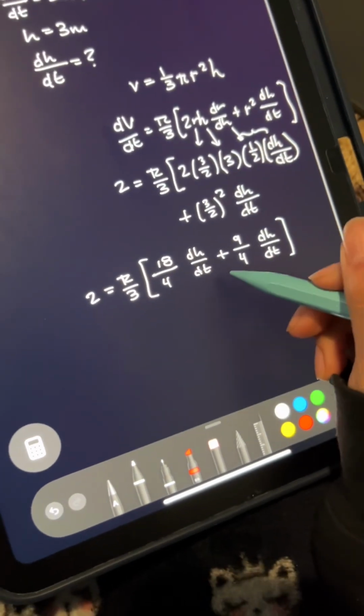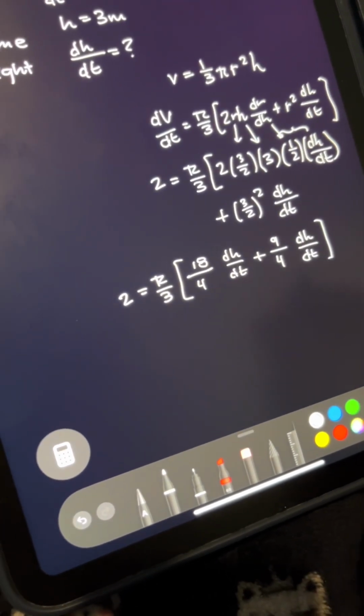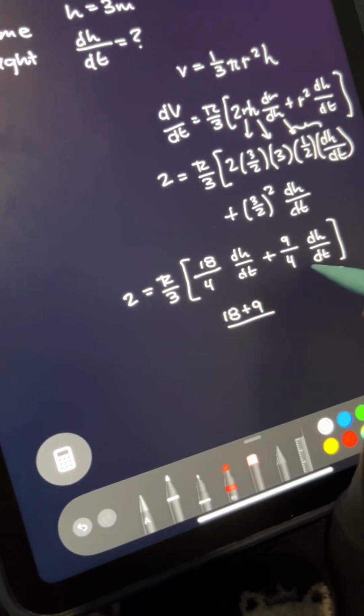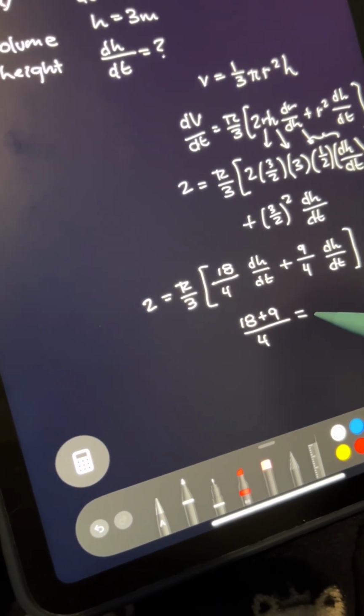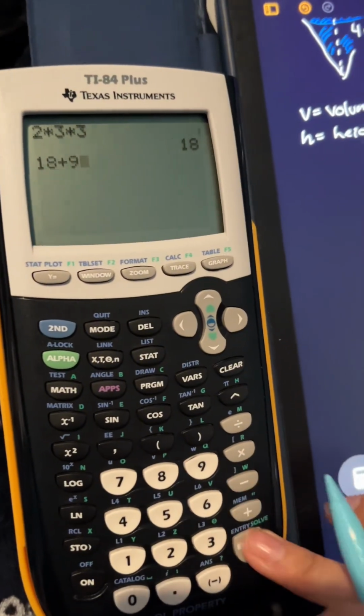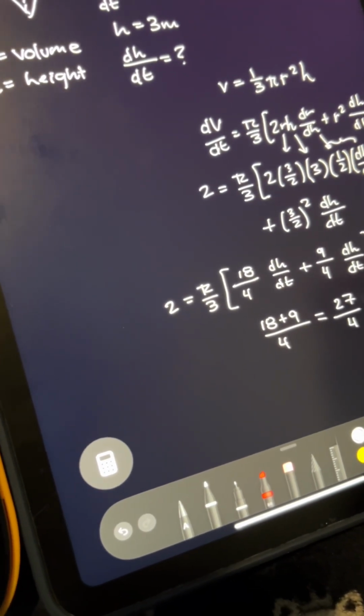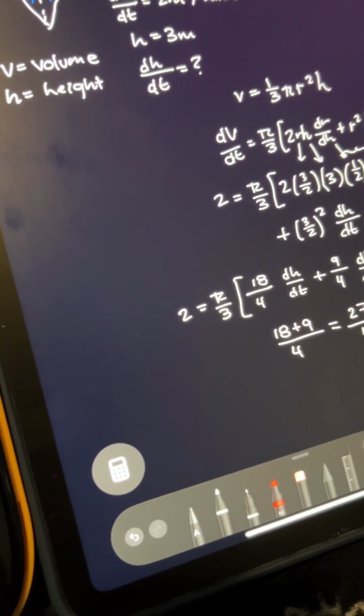Now we see that these are like terms, so we can just add them up. 18 plus 9, they already have the same denominator, so this is going to be 27 over 4, and then you bring down your dh over dt.